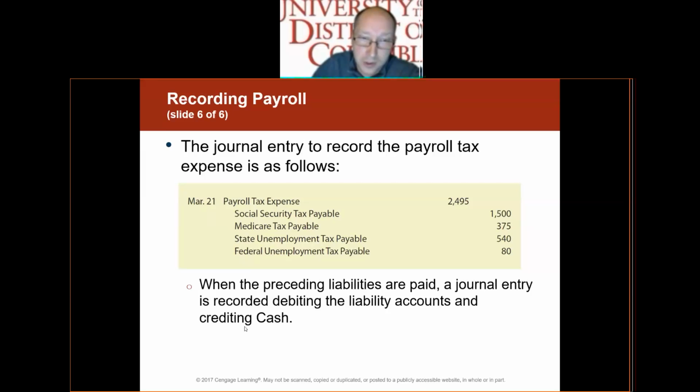We debit all those, and then we credit cash to represent the payment of those payables. As you know, anything payable, those accounts go up and they go down. They go up when we record the expense. They go down when we pay it. Just like accounts payable.